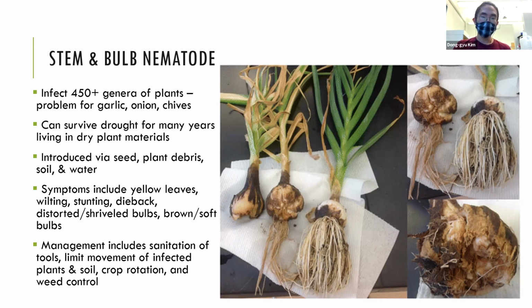And management strategies for these two nematodes include the sanitation of your tools so as to prevent spread of the nematode to other uninfected soils, strategizing and limiting the movement of infected plants and soils, which involves checking your planting stocks, crop rotation with non-host plants and resistant plants, and weed control.